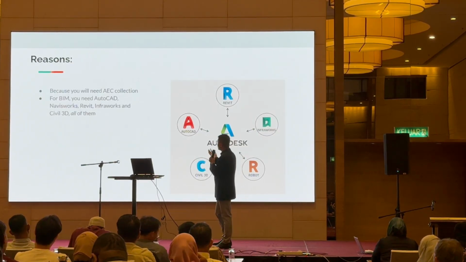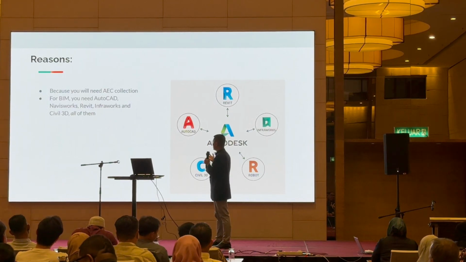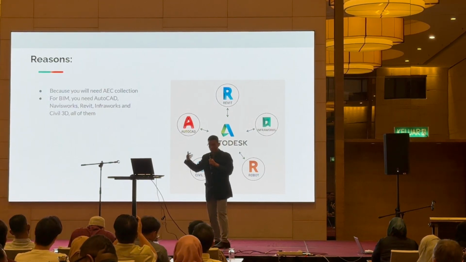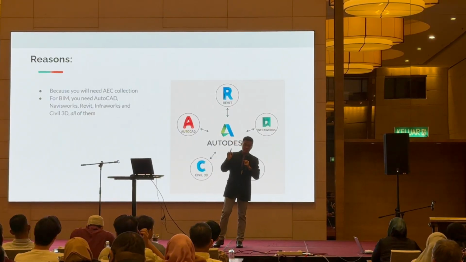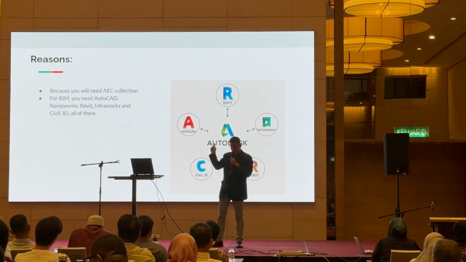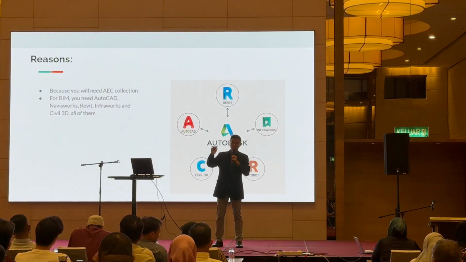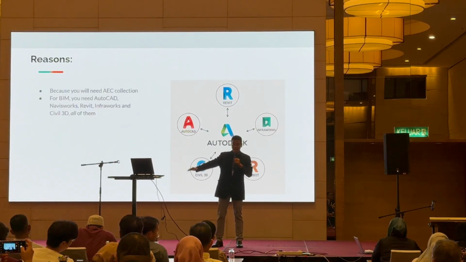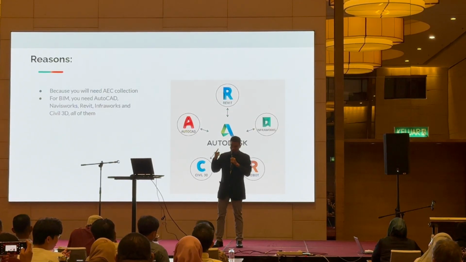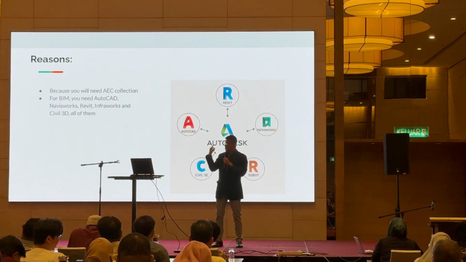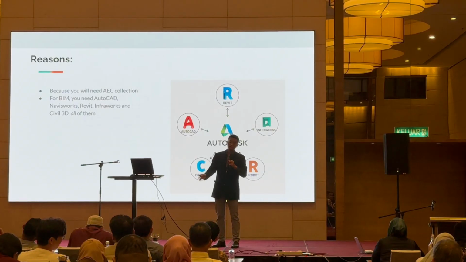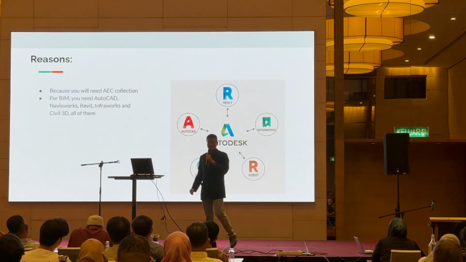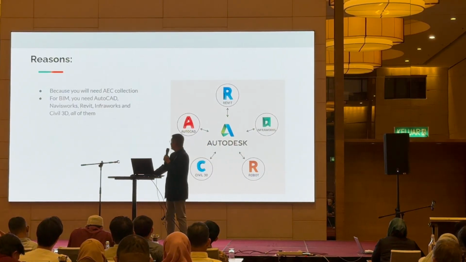For BIM, you need AutoCAD, Navisworks, Revit, InfraWorks, pretty much all of them. So you buy one license, and you can use it for that one single person, pretty much buffet style. Use anything. If you have a BIM modeller who is a genius, he can do Revit, Navisworks, AutoCAD, everything. You just have to get one license, then he can do it already.